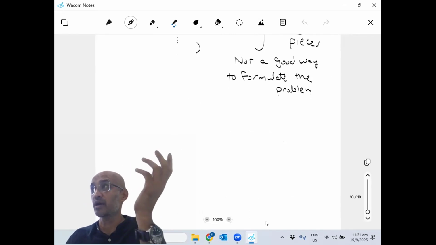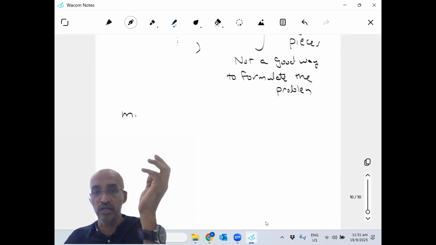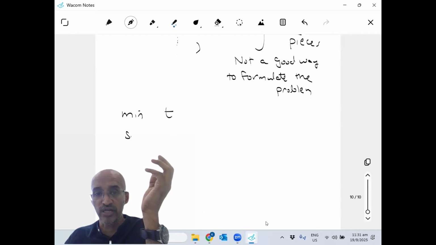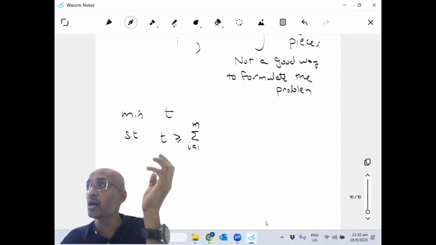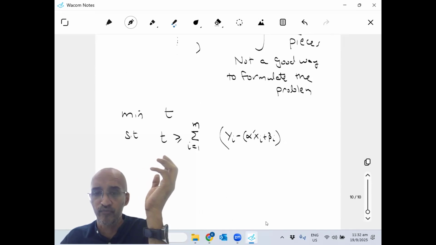Another way I could have written the LP was like this: minimum t subject to t greater than the summation over i going from 1 up to m of yi minus, okay.